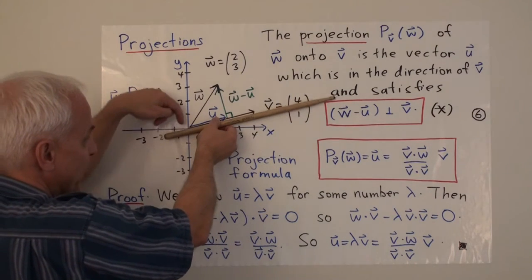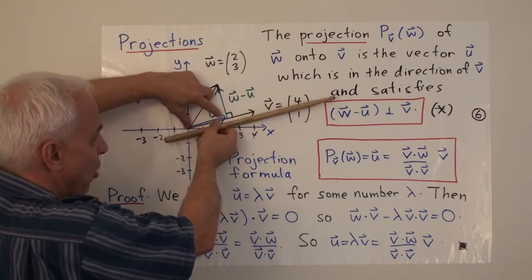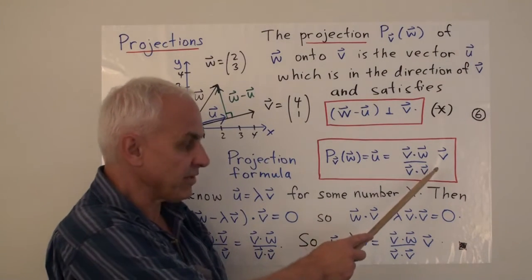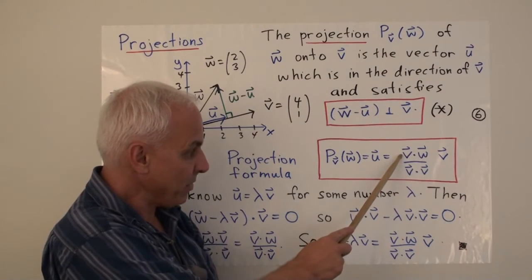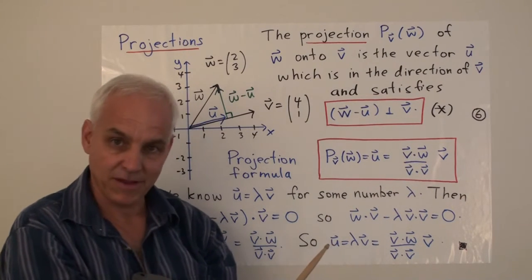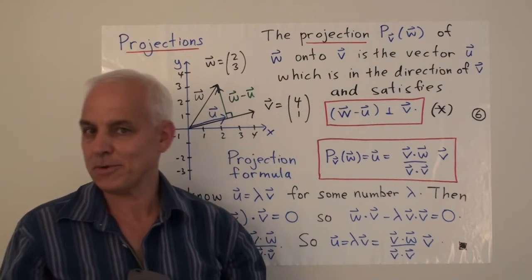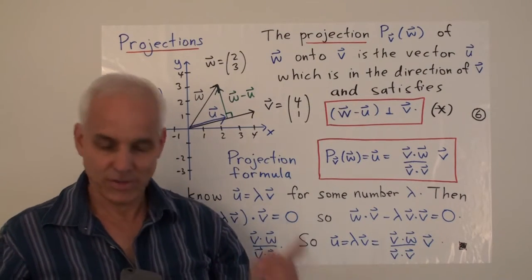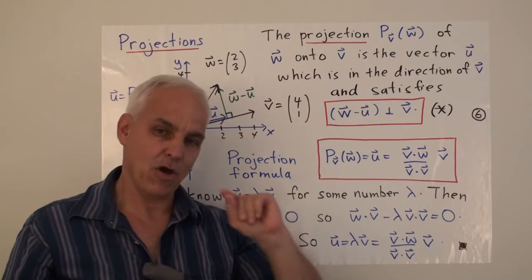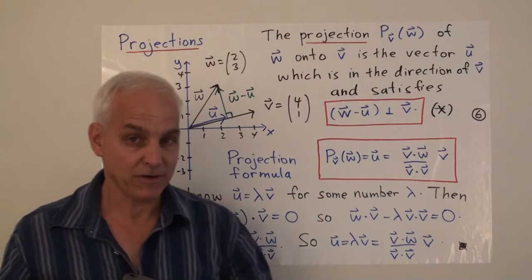Because the projection of W onto any vector in this direction should always be that vector there. So what would happen if we replaced V with, say, 2 times V? Well, there'd be a 2 factor coming from this V and a 2 factor coming from that V, and there would be a 2 squared factor coming from the 2 V's down here. So they would all cancel. So yes, indeed, this is really independent of scaling of V. Not independent of scaling of W, but it is independent of scaling of V.